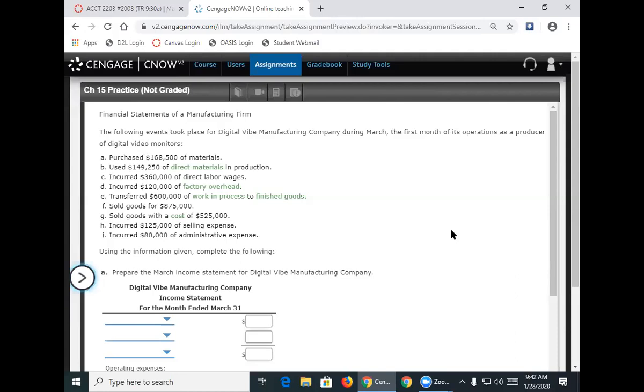For wages on Part C, we incurred $360,000 of direct labor wages. That's also a product cost, so it is going to flow into work in process. So $360,000 of labor gets debited to work in process. The credit there would be wages payable or salaries payable.